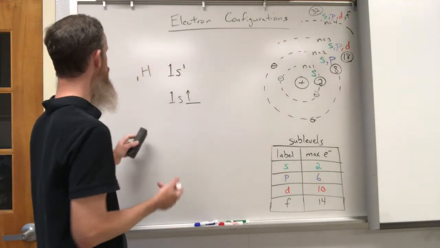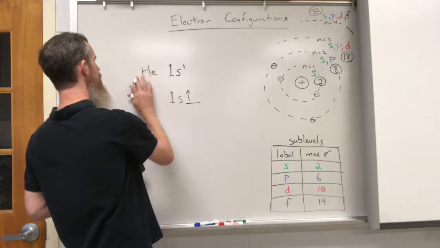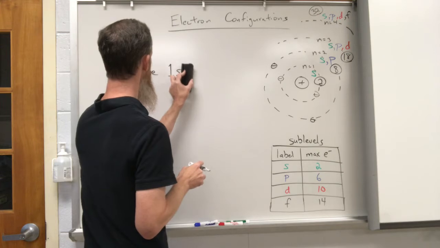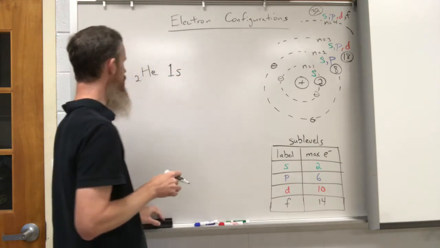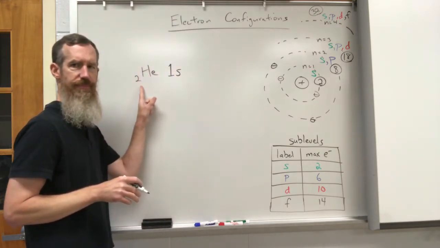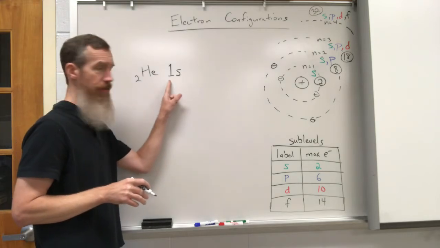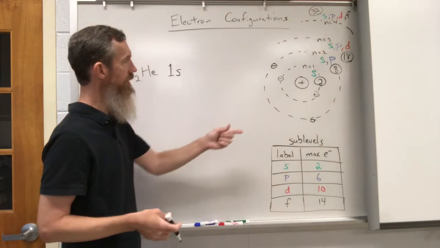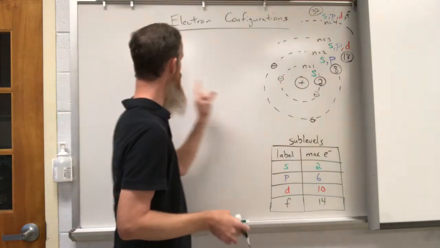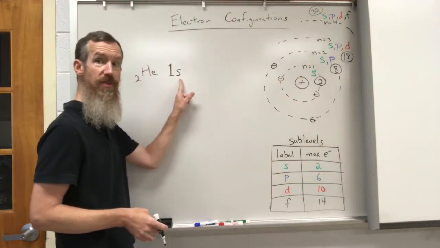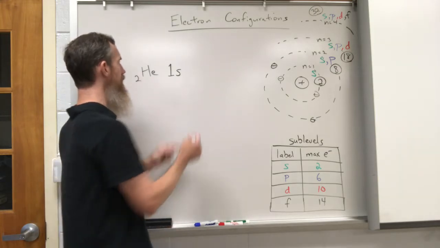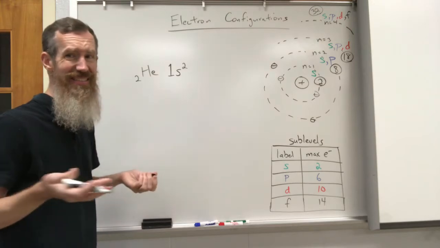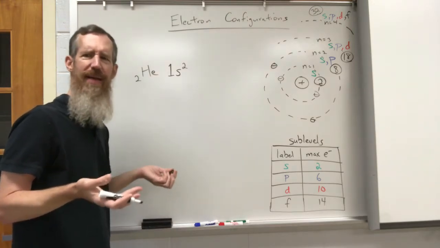Let's go to helium. Helium has 2 electrons, and it would be very similar. The first energy level, that's where we start, the lowest energy level. It's got an S sublevel, so that can hold up to 2 electrons. Well, I only have 2 electrons, so both of them can fit in there. Now, that's not a squared, although for math class it looks like a square.